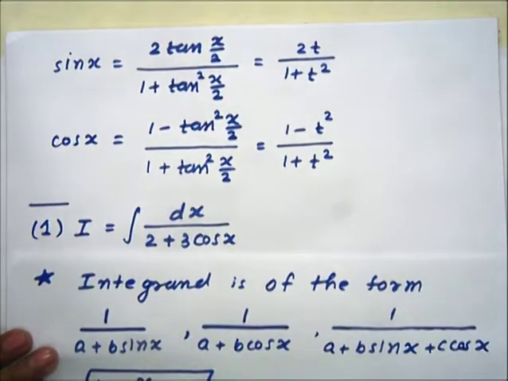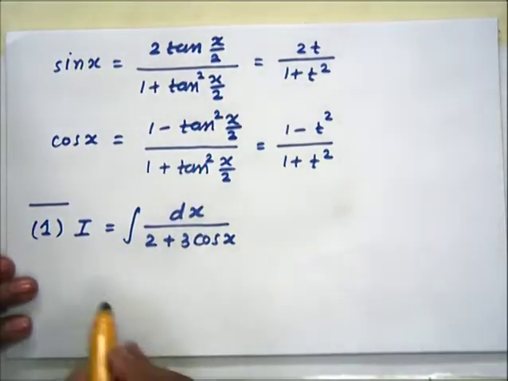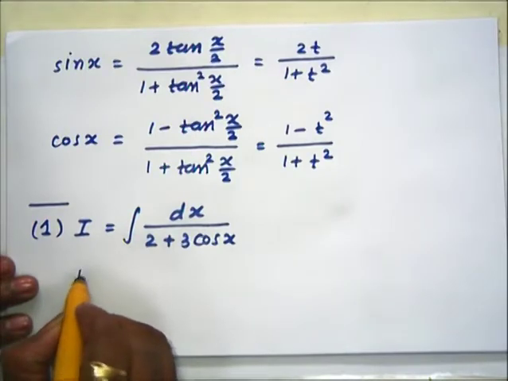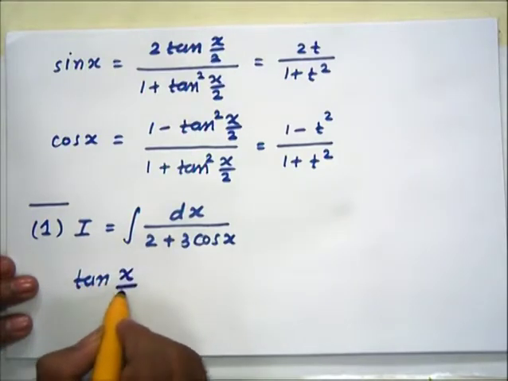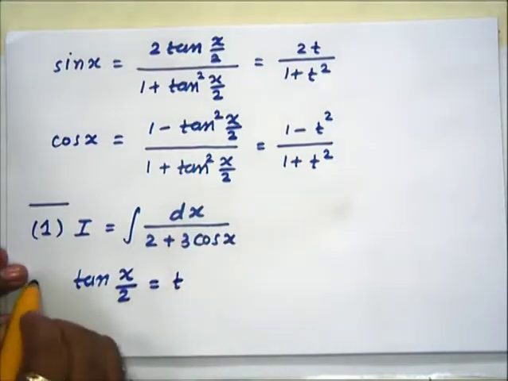So we'll take the substitution tan x by 2 equal to t.